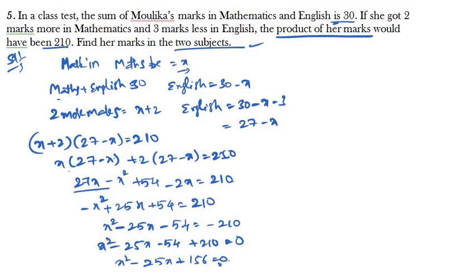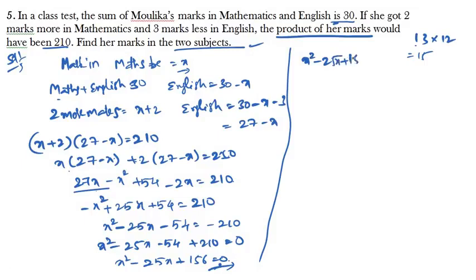After that we have to factorize. For 156, which table will it come in? Like 13 into 12. 13 tens are 130 plus 13 twos are 26, so 156 comes from these two numbers. So we factorize X square minus 25X plus 156 is equal to 0.